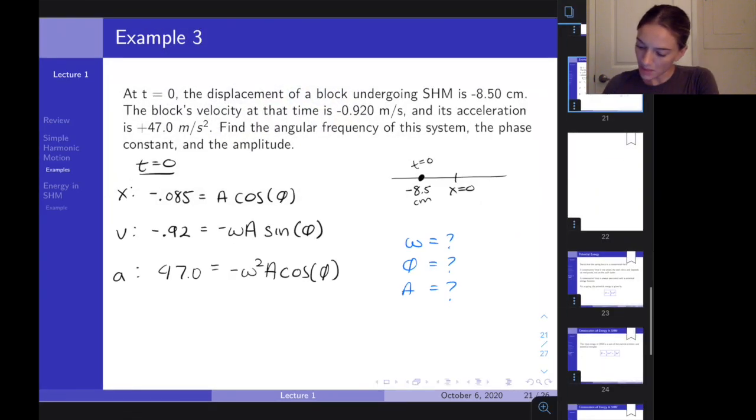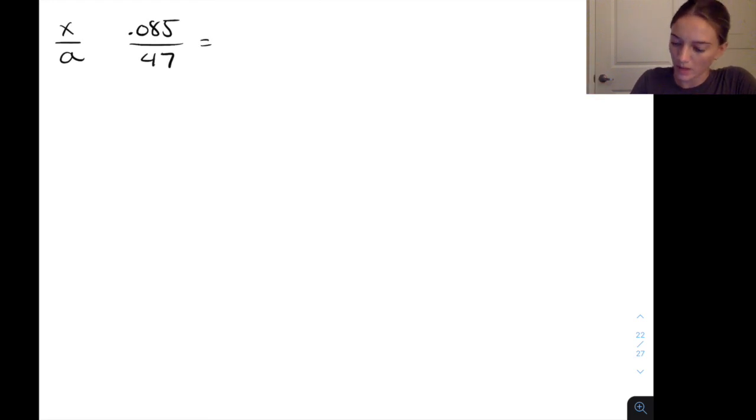I'm going to add a page here so that we have a little more room. I'm going to divide x by a. x we said was negative 0.085, acceleration we said was 47, and I'm going to divide those two equations by each other. So we had a cosine phi, and we had negative omega squared a cosine phi.